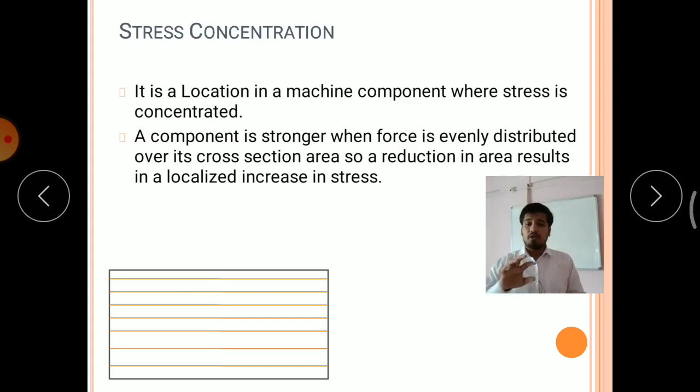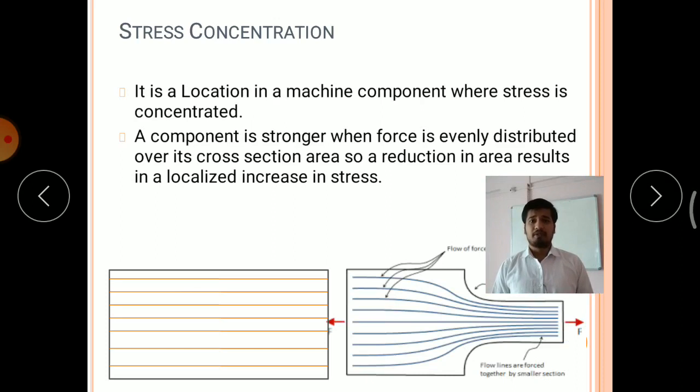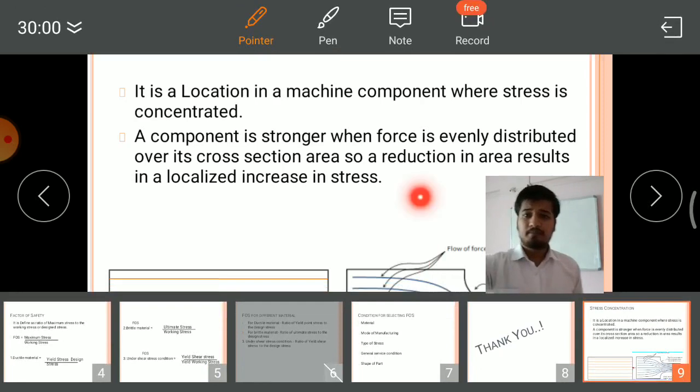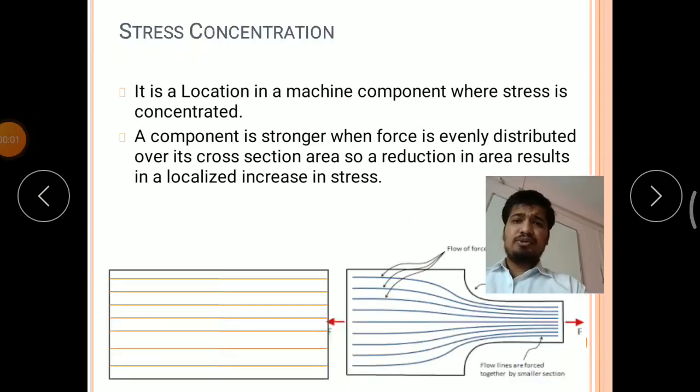But in every machine we are not going to use the same plate; we have to manufacture the plate as per our design constraints. So we will have a second example here. In this plate, you can see that the shape of the material changes abruptly from a longer section.